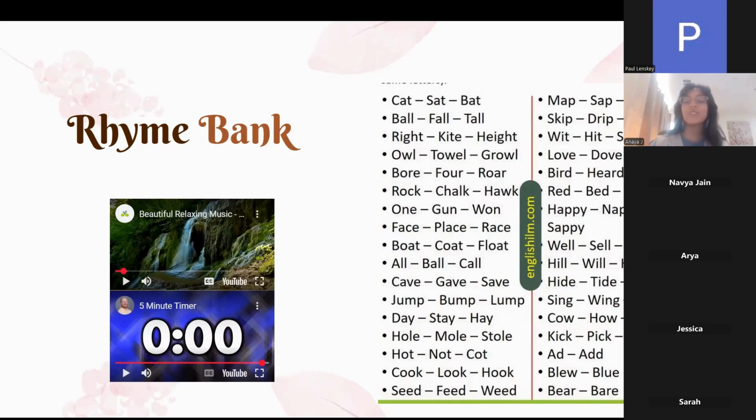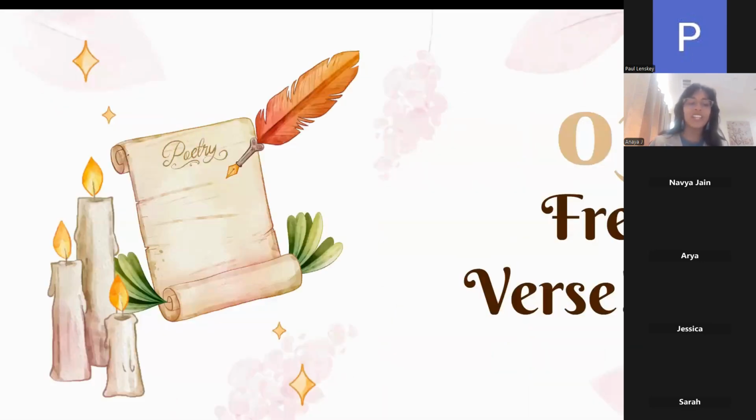I will move on to the very last poetry form and the most important one, in my opinion, free verse. Now that we've worked with structural forms like haikus and limericks, let's break the rules a little bit. Free verse poetry doesn't follow a fixed structure. It has no set rhyme, no syllable count, no strict rhythm, but that doesn't mean it's just writing with line breaks.